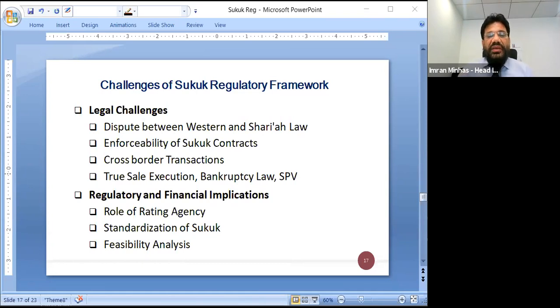The next area, again coming under the financial implication, is the Sukuk feasibility analysis. As I've discussed, based on the conventional standards, since one must undertake a true sale as well as full ownership of the asset and use of the usufruct of the project in a Sukuk transaction, it is important that Sukuk are structured in a manner backed by an identified portfolio.